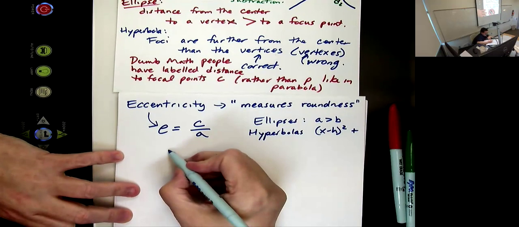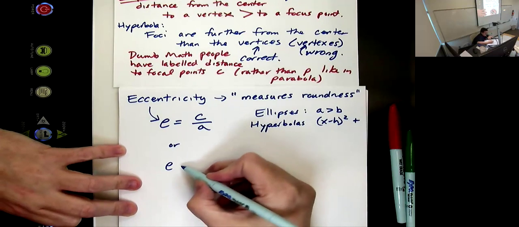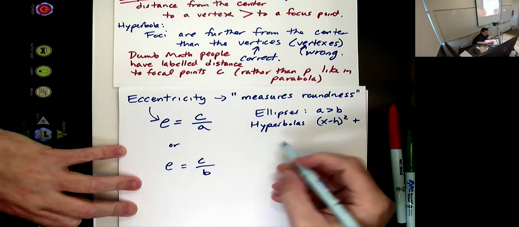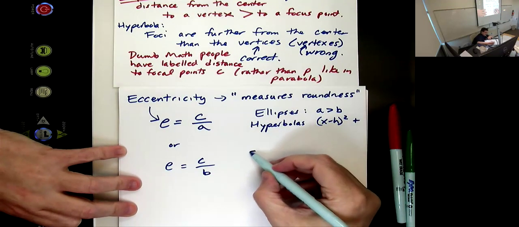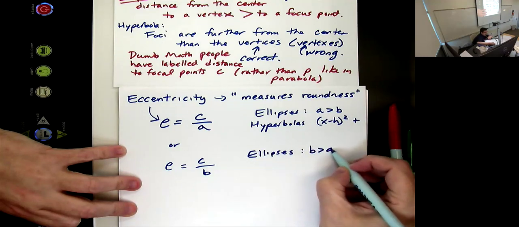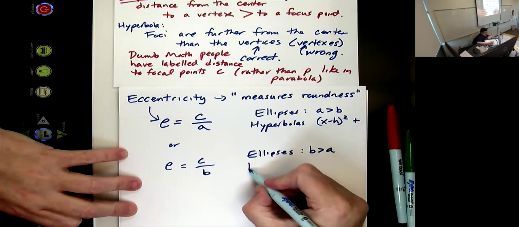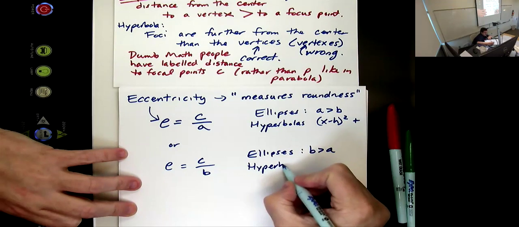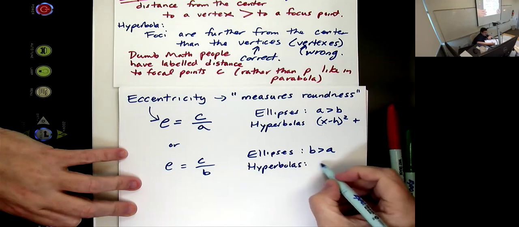And it's going to be E equals C over B if B is bigger than A for ellipses, or on hyperbolas, if the y minus k squared is the positive term.